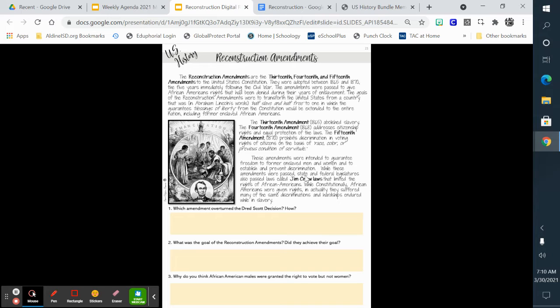Because he was not a citizen and was declared property, he didn't have any rights. So now we have overturned the ruling in that case. Now freedmen, or formerly enslaved people, have been declared citizens.